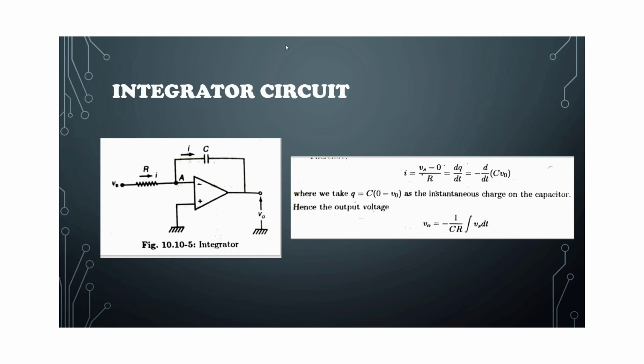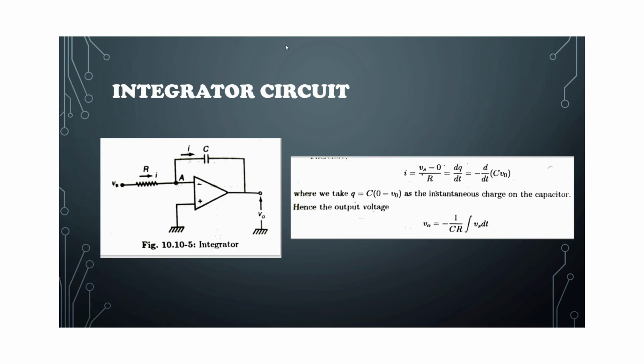Next, let us discuss the integrator circuit. The figure shows the circuit of an integrator whose output is proportional to the integral of the input signal. As the open loop gain and the input impedance of the op-amp are infinite, the point A may be treated as a virtual ground.